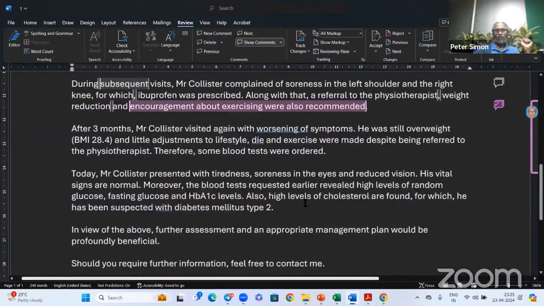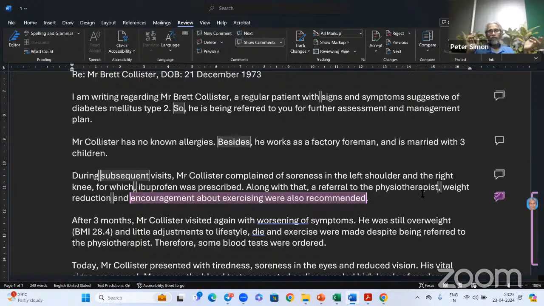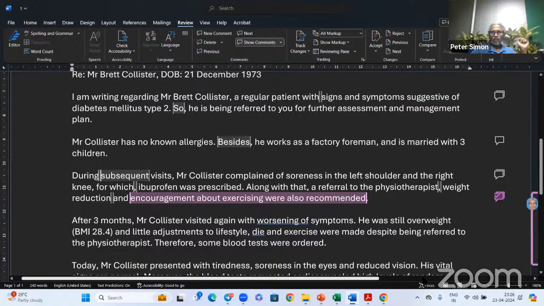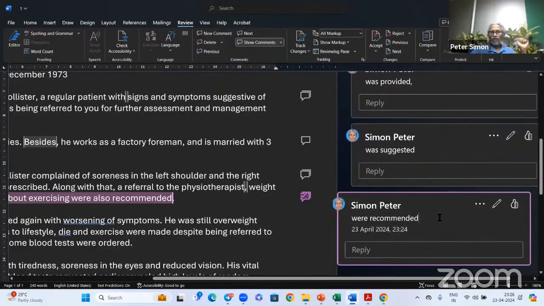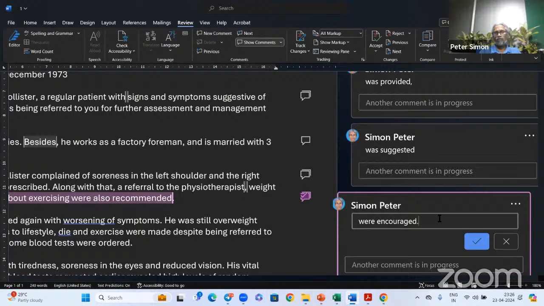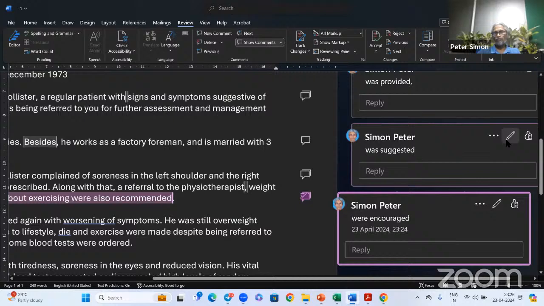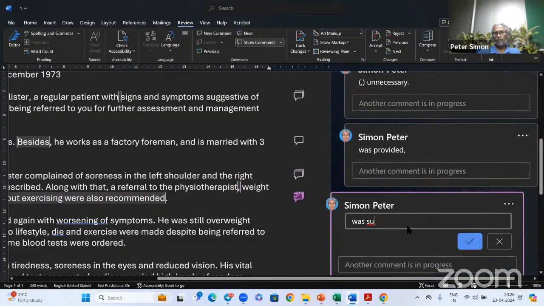So, along with that, a referral to the physiotherapist was provided, weight reduction was advised, and exercises were encouraged. You can say the same thing here, were encouraged. Yeah, that's good. Same word, why should we change the word encouraged? Okay, and here recommended only we can put. It's okay.